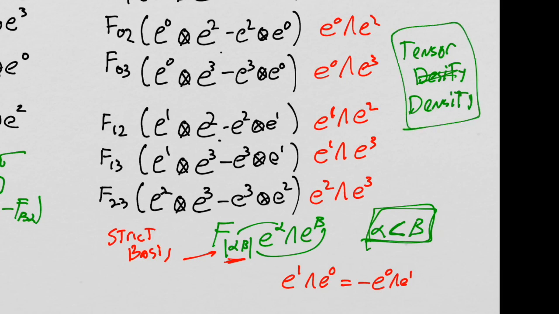And when you do a tensor density, you realize the way they define it is it transforms differently than a tensor. It has extra factors of the determinant involved, right? Well, that's all an artifact of this. It turns out tensor densities are simply regular tensors. They're totally normal tensors, but they're expressed in a different basis.